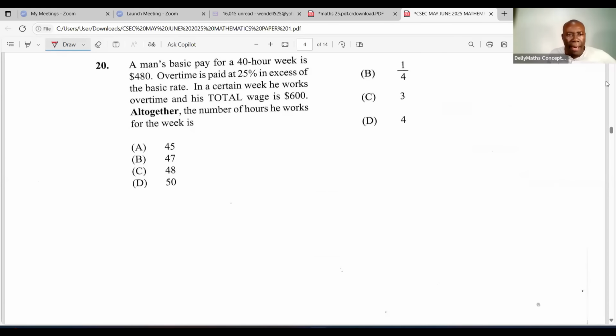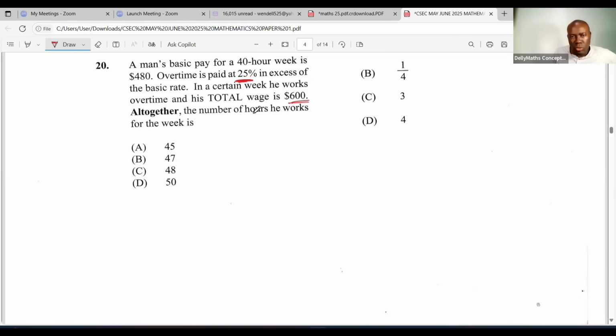Number 20. A man's basic pay for the whole week is this. Overtime is 25% in excess of the basic rate. So overtime is paid at 25% more. In a certain week, he works overtime and his wage was 600 altogether. Then the number of hours he worked for that week would be what?